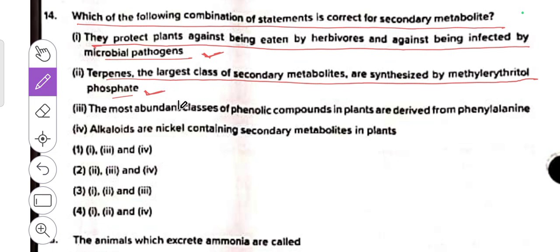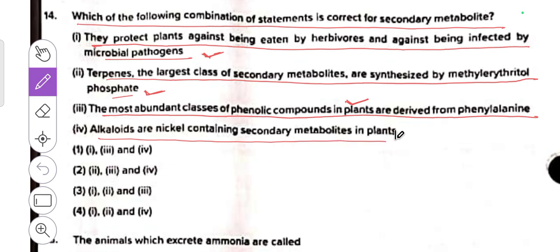So, it is also true. Then, third one, the most abundant classes of phenolic compounds in plants are derived from phenylalanine. It is also true. Then, alkaloids are nickel containing secondary metabolites in plants. This statement is false. So, 1, 2, 3 are right, the fourth one is wrong. So, 3 is the right answer for this question.